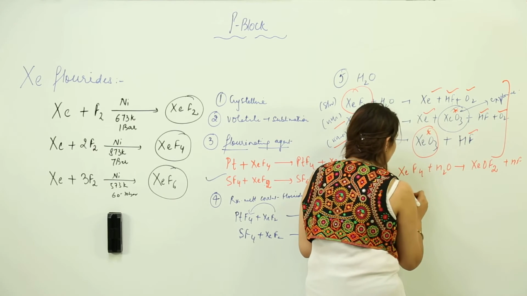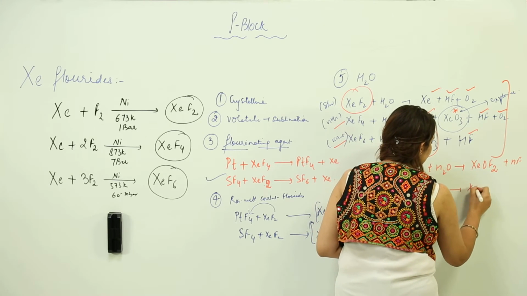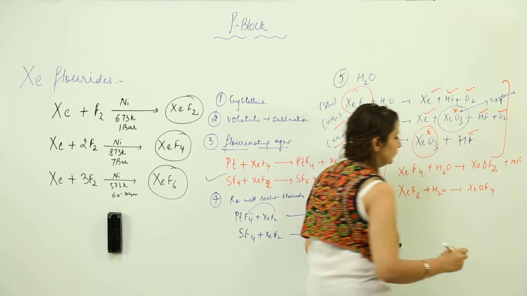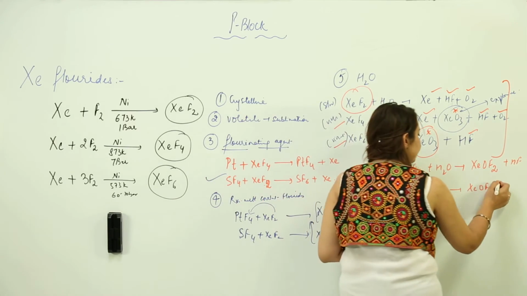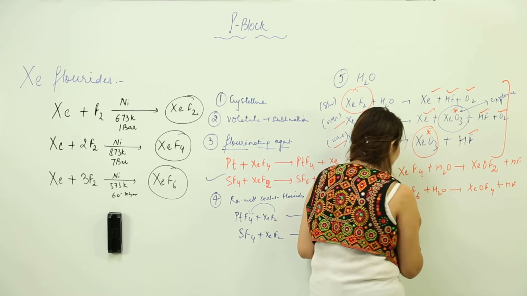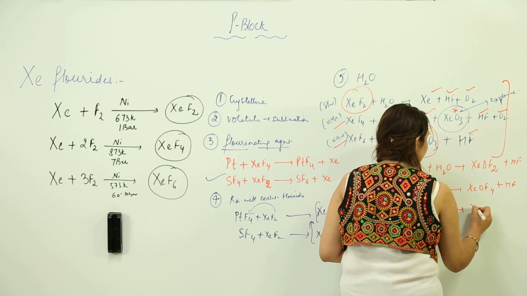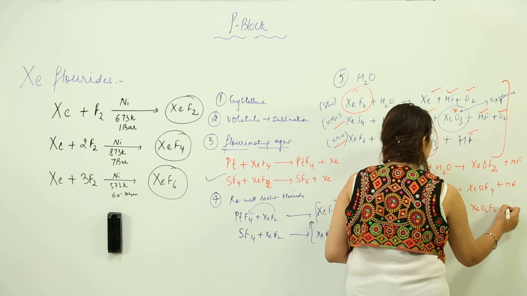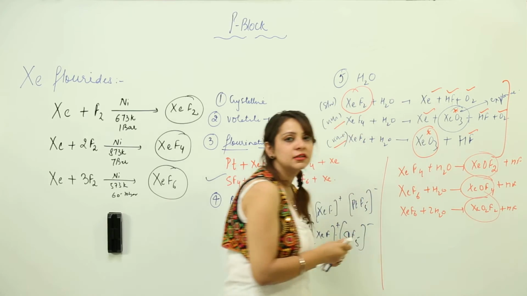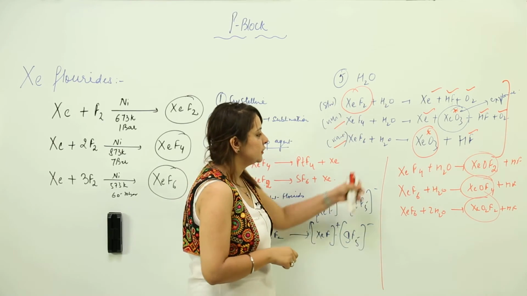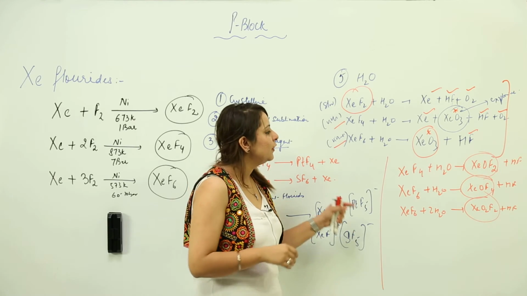And when you partially hydrolyze XeF6, we get XeOF4, meaning F2 becomes F4, with HF as well. Likewise, if you react XeF6 with 2 moles of water, you get XeO2F2. These are the products formed as a result of partial hydrolysis of xenon fluorides, XeF4 and typically XeF6. These are important compounds.